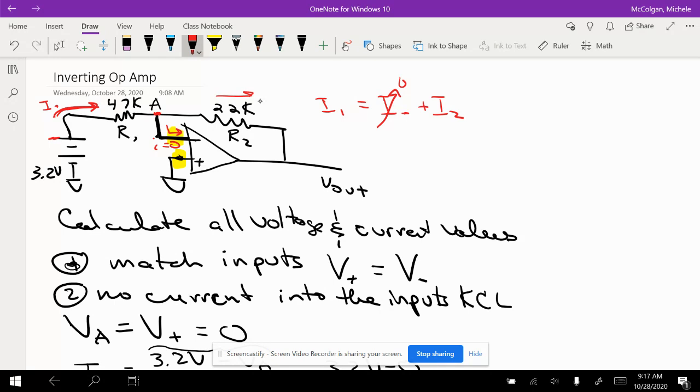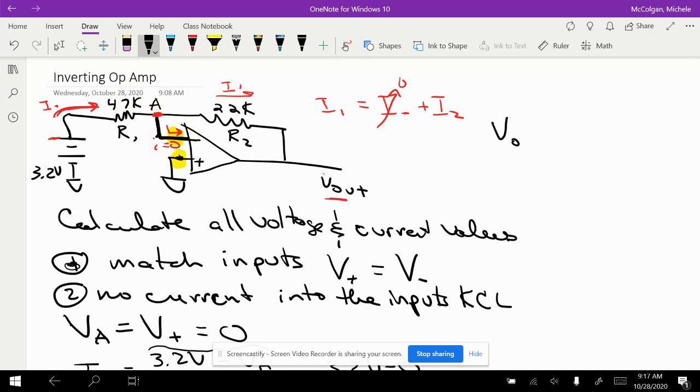So this is my I1 also, since they're equal. So if we know that the voltage at A is 0, and we know the current through our R2, then we can find out the voltage at V out. So I'm saying that voltage at A is 0, and then minus I1 R2 is equal to V out.